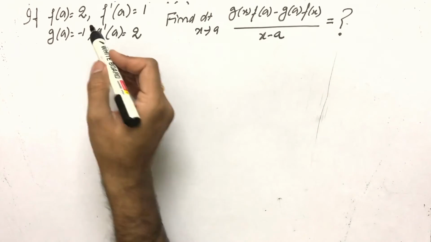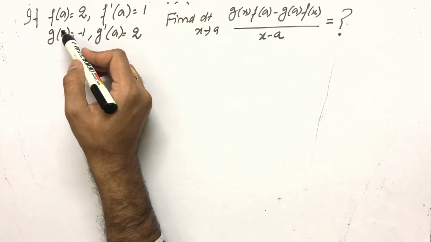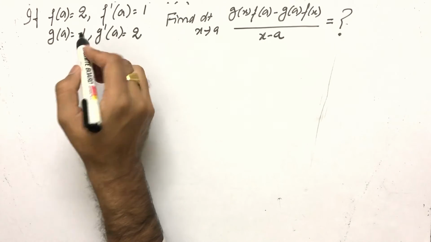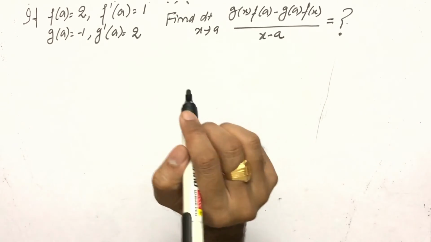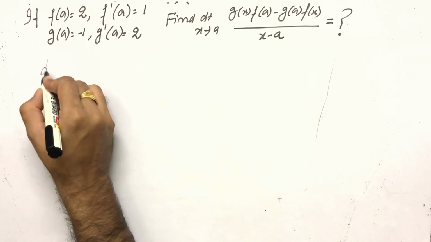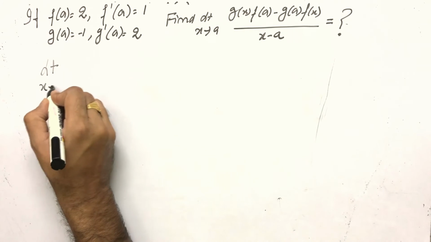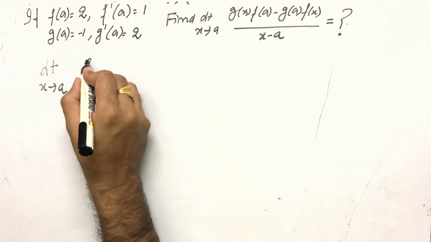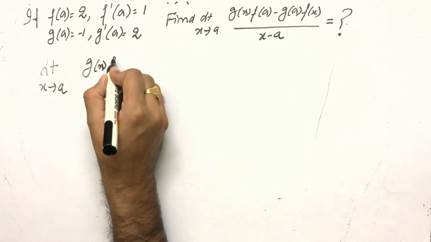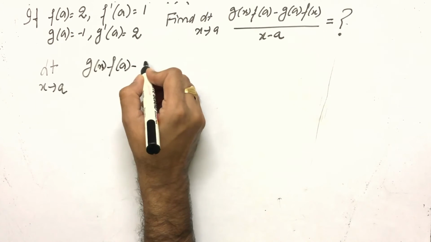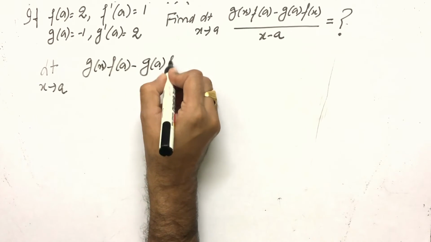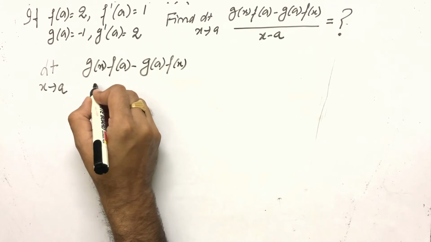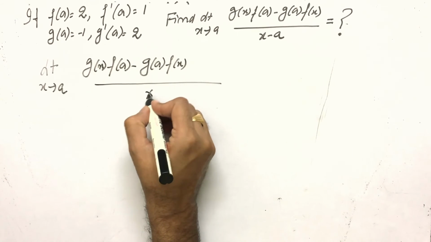So we are given these values, and we have to make sure how we can make use of these values to find this. So for that, we let limit x tends to a of [g(x)f(a) - g(a)f(x)] upon x - a.